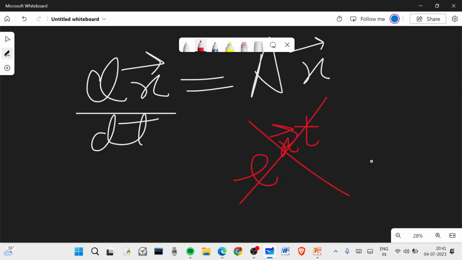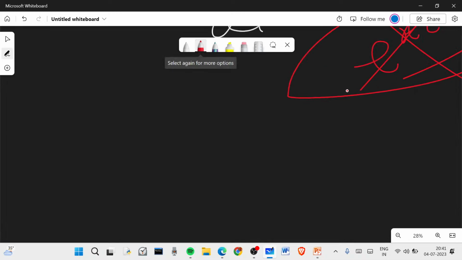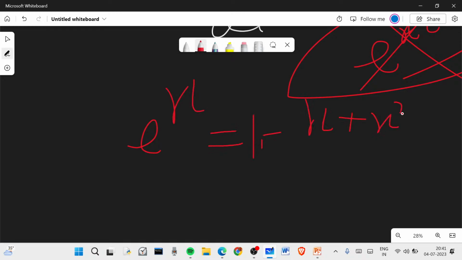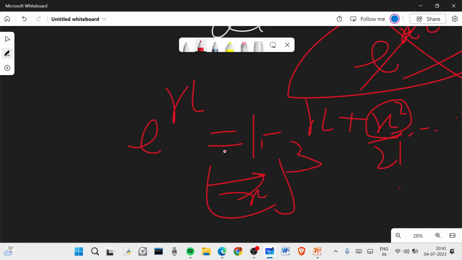So e to the power x, of course not in this form, but something like we can even define this form, but I'm not in much favor because we know the series of this is 1 plus x square by 2 factorial and so on. If you go for a vector form, then x square makes sense, but x cube of a vector doesn't make any sense.